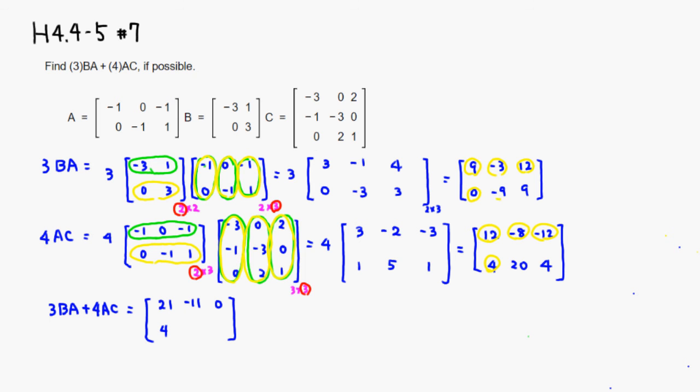Negative 9 plus 20 is positive 11. And the last one, 9 plus 4 is 13.